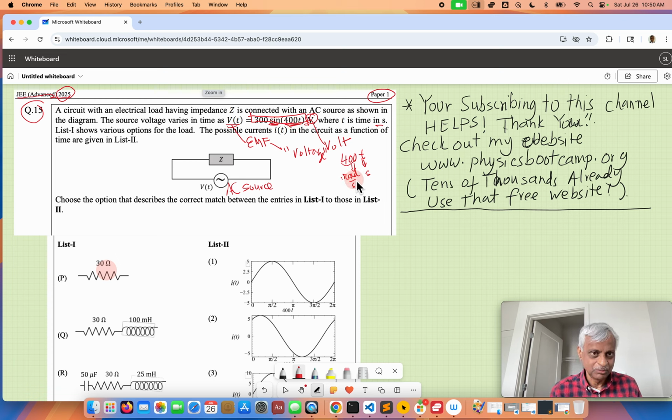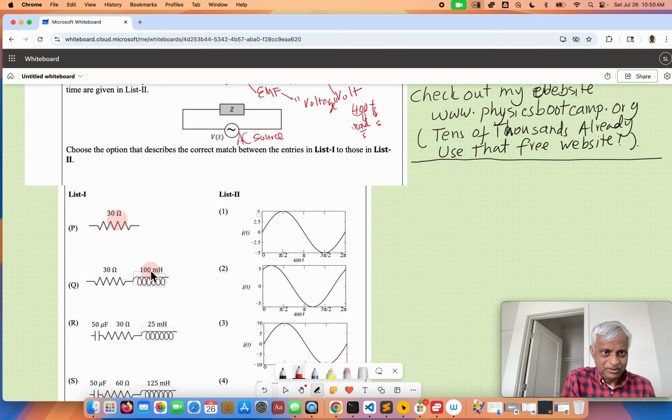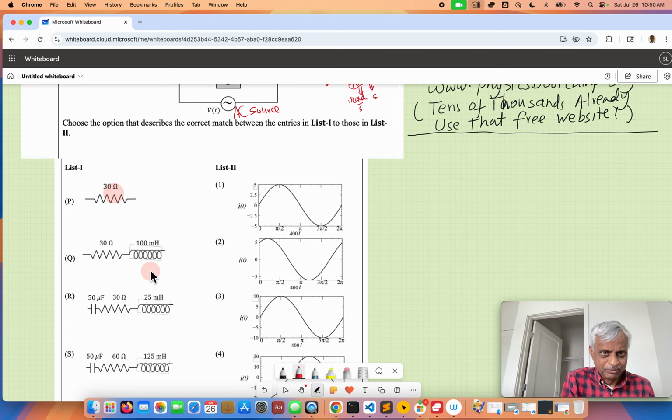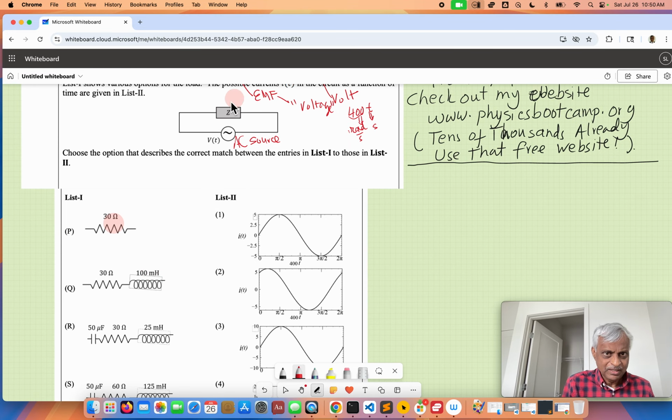A whole bunch of different answers are possible based on this Z. So what is Z? This Z is the impedance of the circuit.